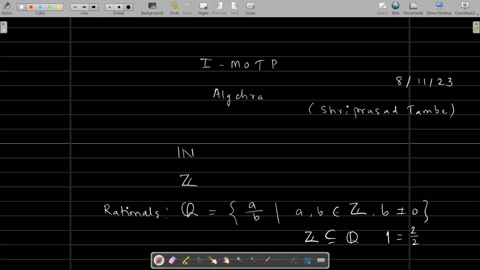In fact, a rational you can express in infinitely many ways, right? So 1 I can write as 2 by 2, which is of the form integer by non-zero integer, and in that sense it surely belongs to the rationals. So the set of integers is a subset of the rationals. So we have a hierarchy: N is contained in Z, and Z is contained in Q.